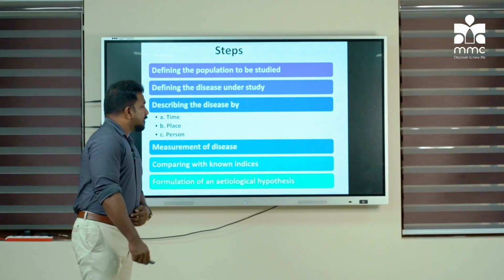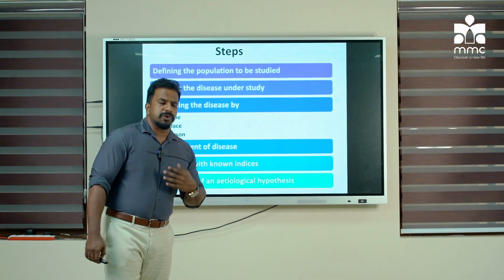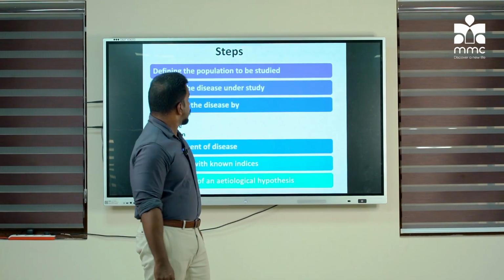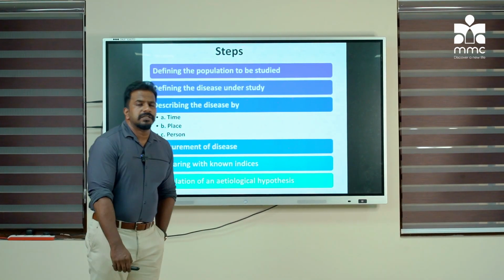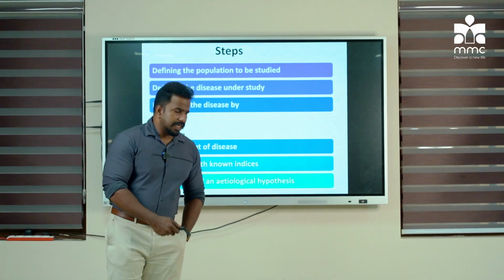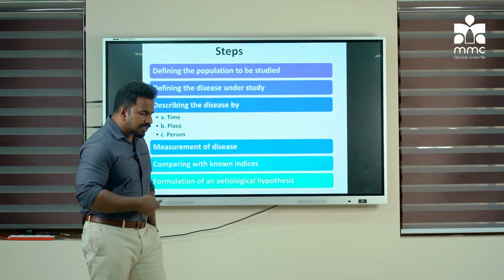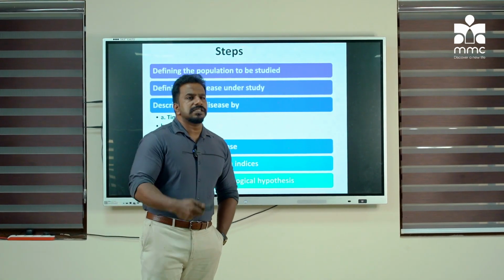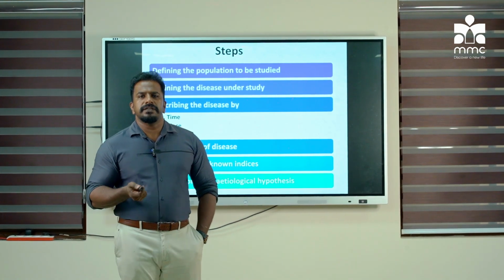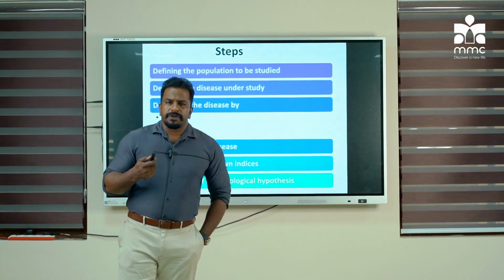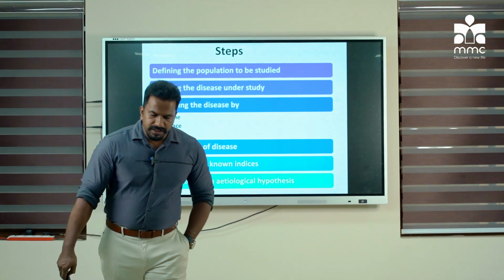So the steps in descriptive epidemiology: first, you have to define the population to be studied. Which population are you going to study? Second step is defining the disease under study. As I told, I was doing a prevalence study to know the prevalence of diabetes in Modakalur.